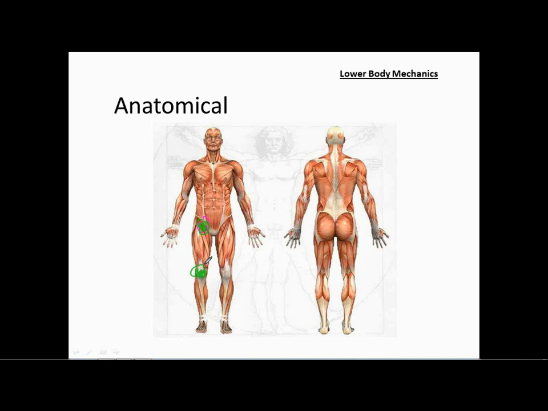Very simply, from a really rough anatomical perspective, the force is being created at the hip and at the knee through extension, primarily engaging the glutes and the quads. Glutes affect our hip extension and our quads impact our knee extension. So that's an important, simple but important thing to understand as we move forward into the biomechanics part.